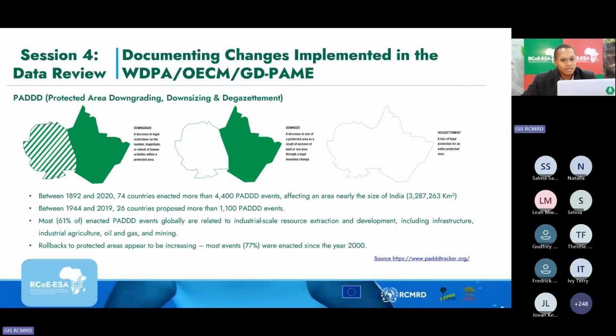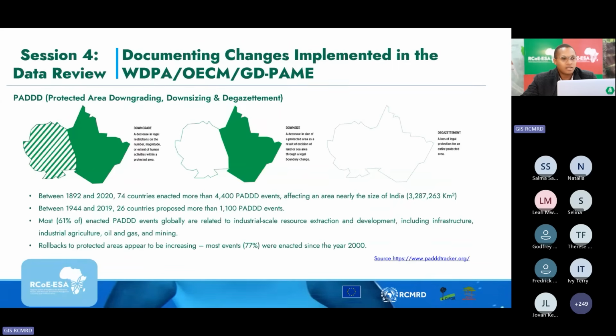61% of the PAD events globally are related to industrial-scale resource extraction, which could be development, infrastructure, industrial agriculture, mining, oil and gas.